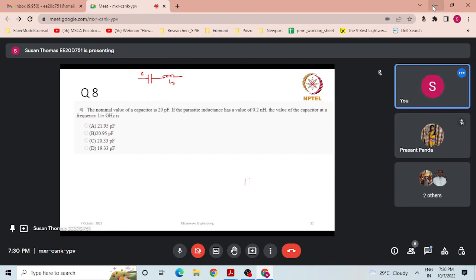So the effective capacitance is not the same as the capacitor value.